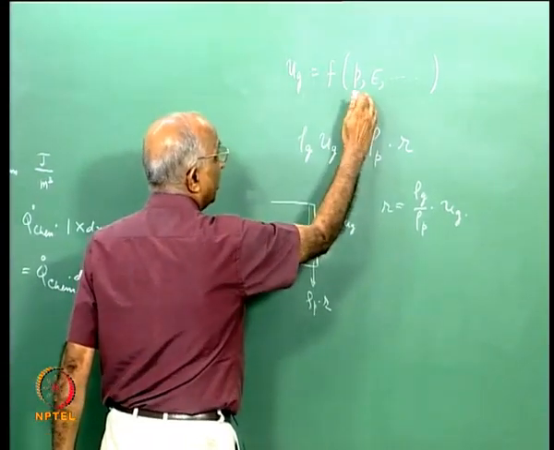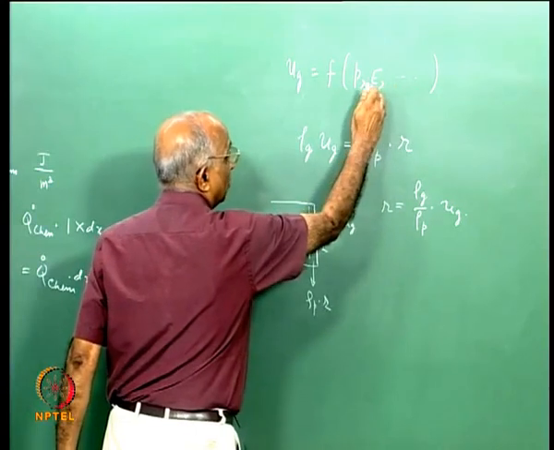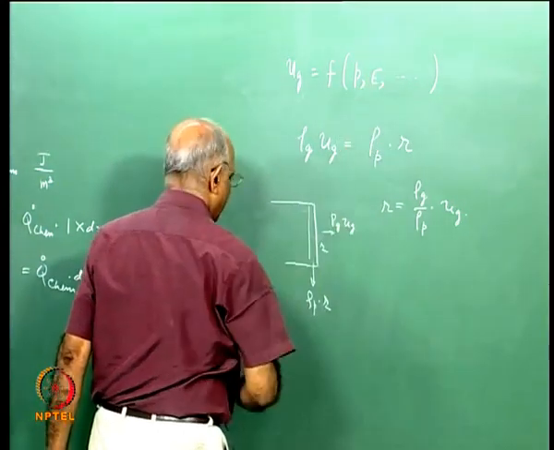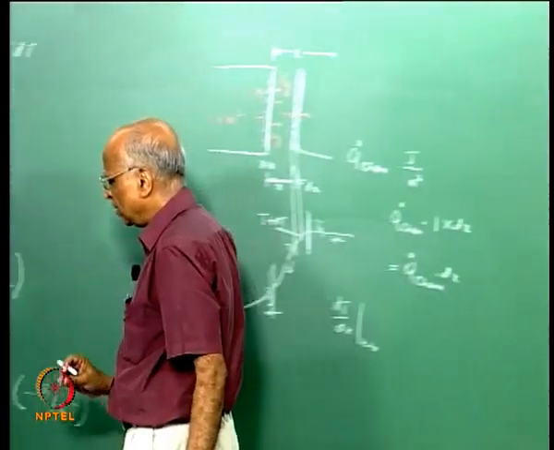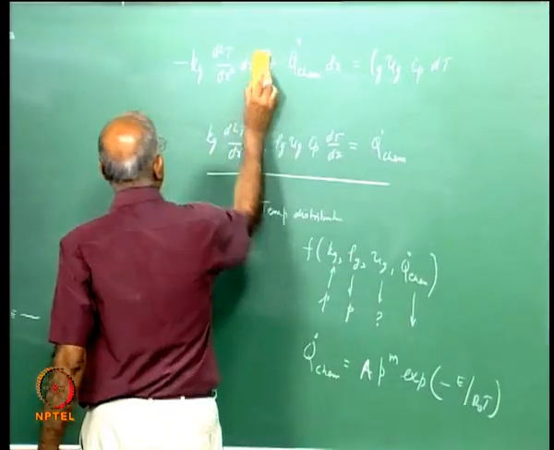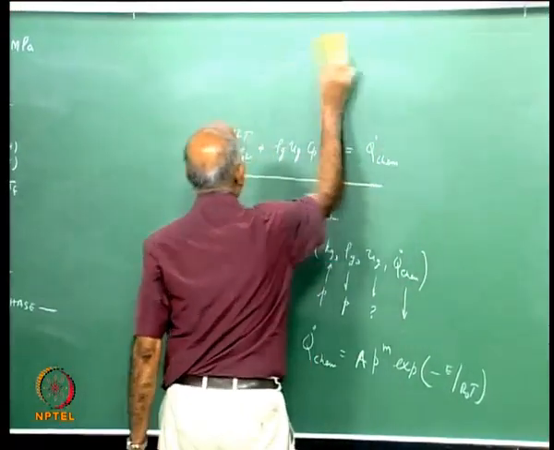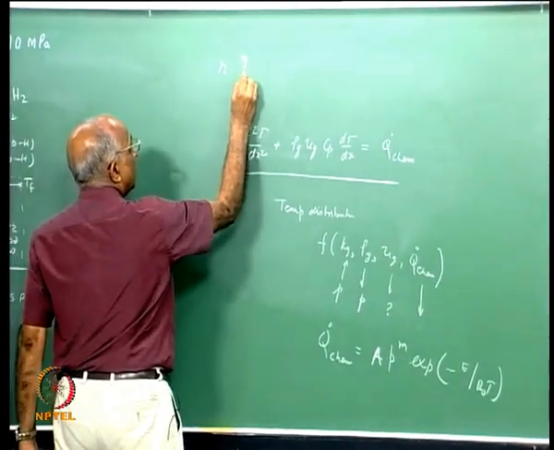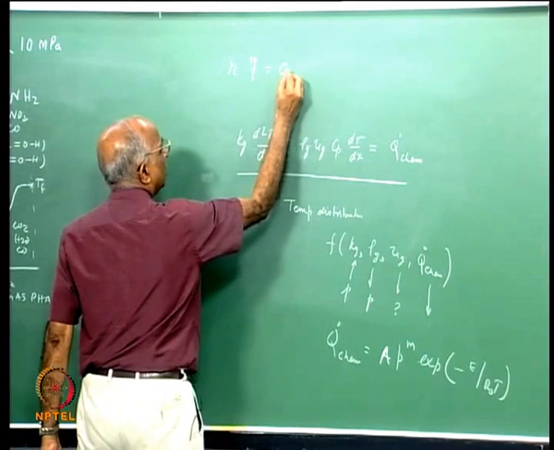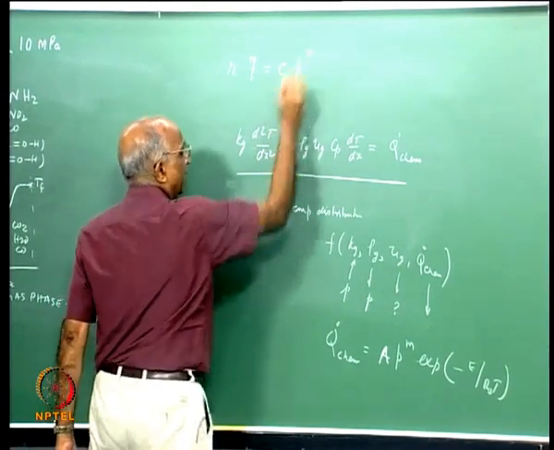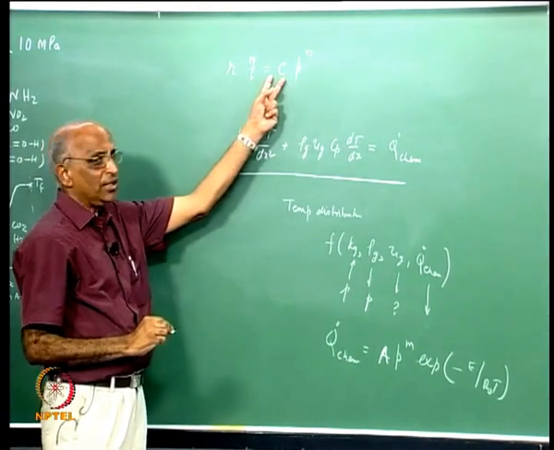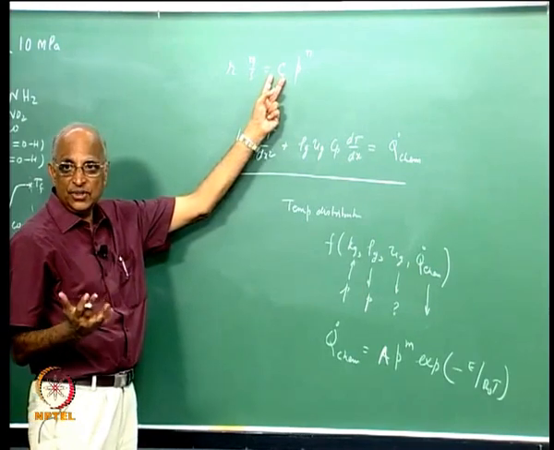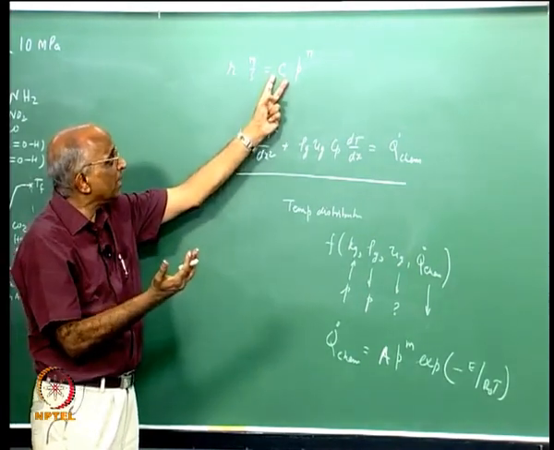and of the effect of the other constituents like the composition, activation energy and all that. Therefore it is possible for us to write the burning rate r, in meters per second, as equal to a constant into pressure to the power n, where this constant C will take care of activation energy, maybe the other composition and other features.